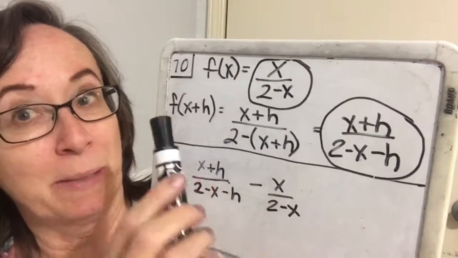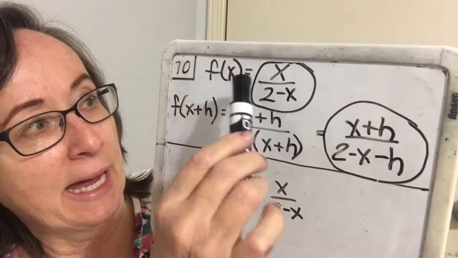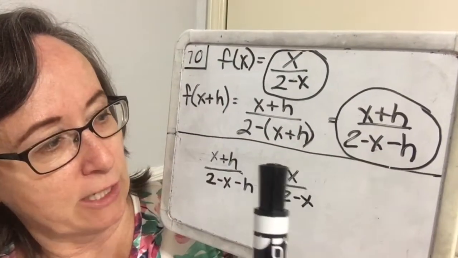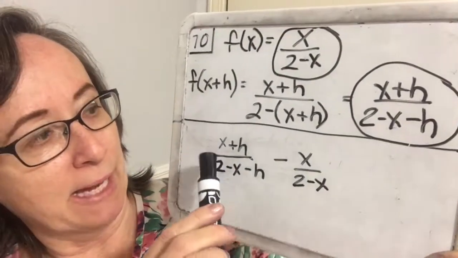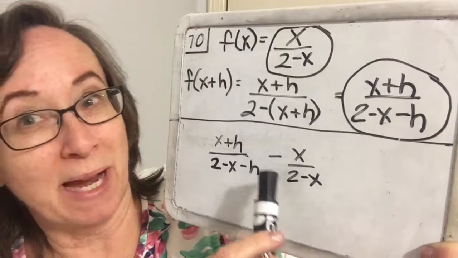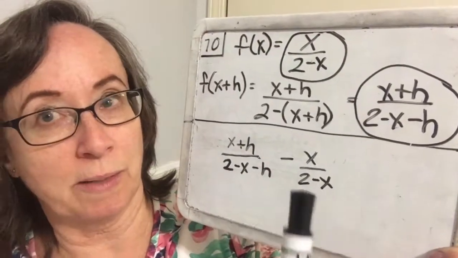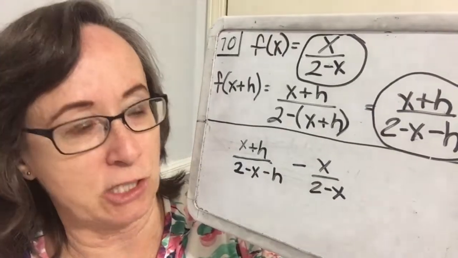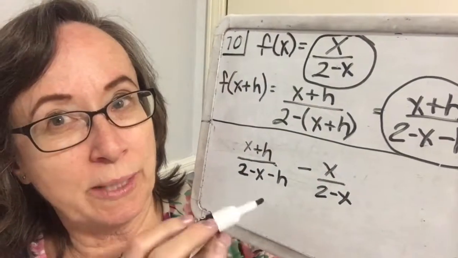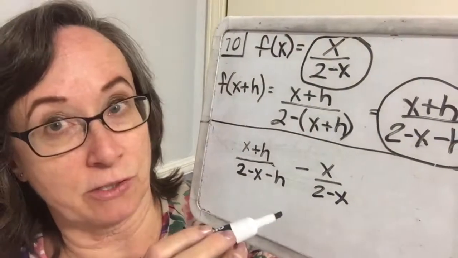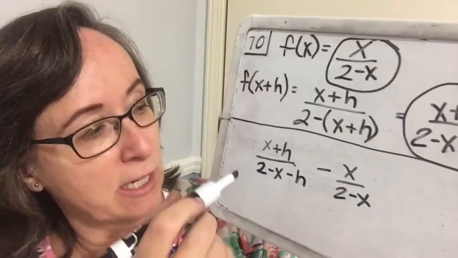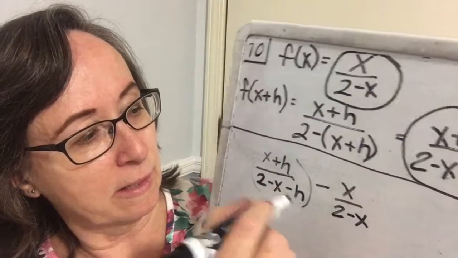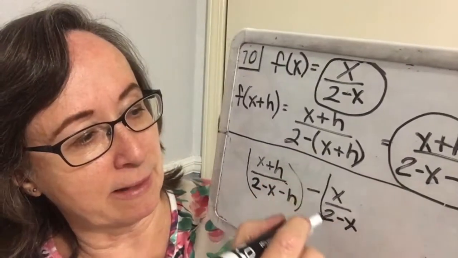But now, to put it in my difference quotient, I have to take this minus this and then put it all over h. So I have my f of x plus h minus my x over 2 minus x. Now I'm going to do this in pieces. I have not divided by my h yet. What I'm going to do here is simplify this first before I divide by my h. I need to get a common denominator. I cannot subtract them like they are.